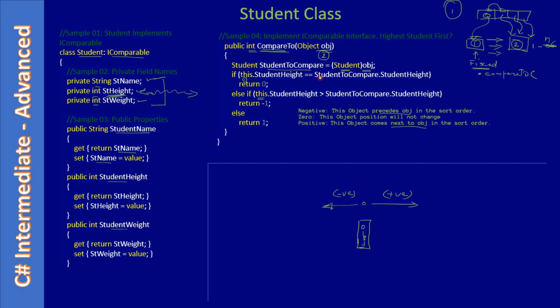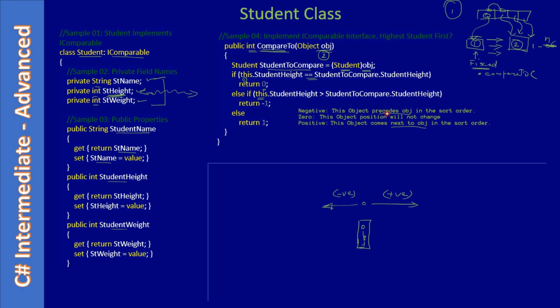Then if both are equal, there are 2 objects we are comparing, right? One is this, whoever is calling, and the other is whatever gets passed as obj. So when they both are equal, we return 0. When this object's student height is more than the object that is coming in as parameter, we return negative.